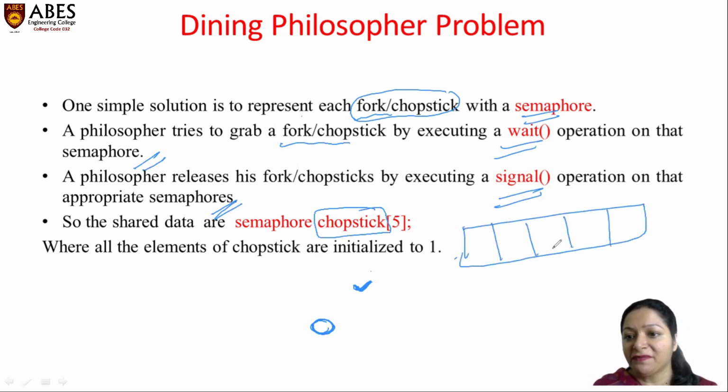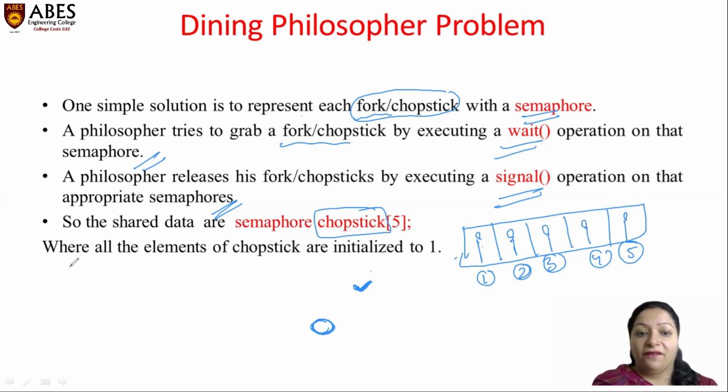Because we have 5 philosophers, 1, 2, 3, 4 and 5, and we have 5 chopsticks, right? So let us say these are the chopsticks. Now this is the semaphore array, and all the elements of this chopstick array are initialized to 1.